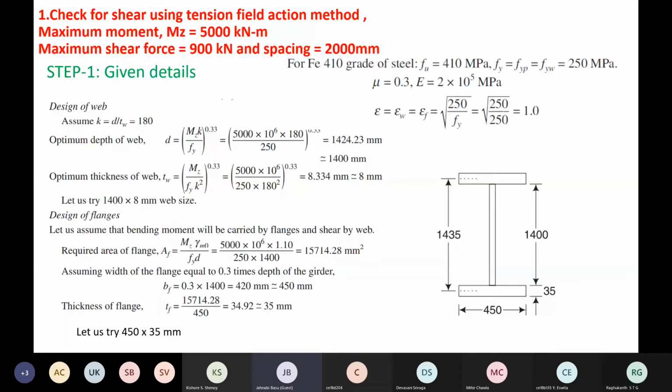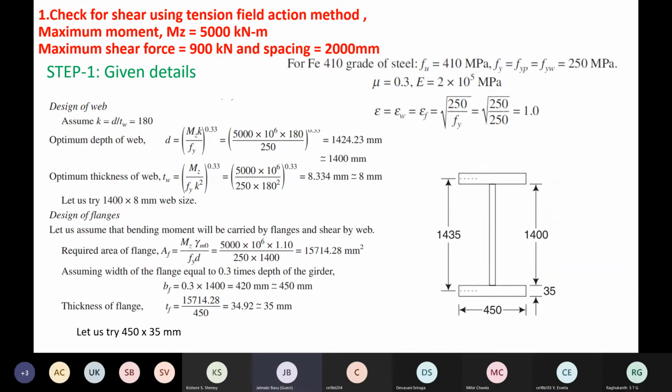If you get, then let us try 1400 by 8 mm web size. After this, we can go for design of flanges, where required area for flanges Af is Mz by gamma m0 by Fyd. So you know all the values, you can substitute and get Af.